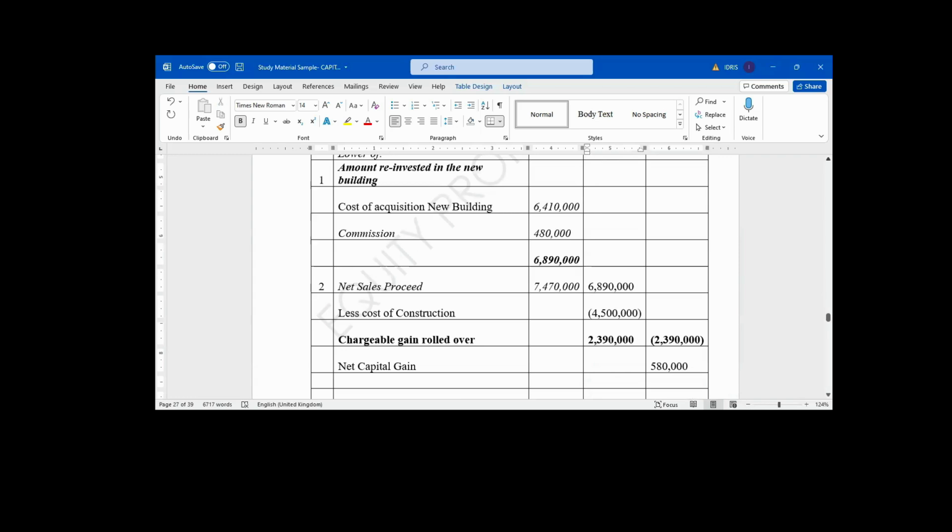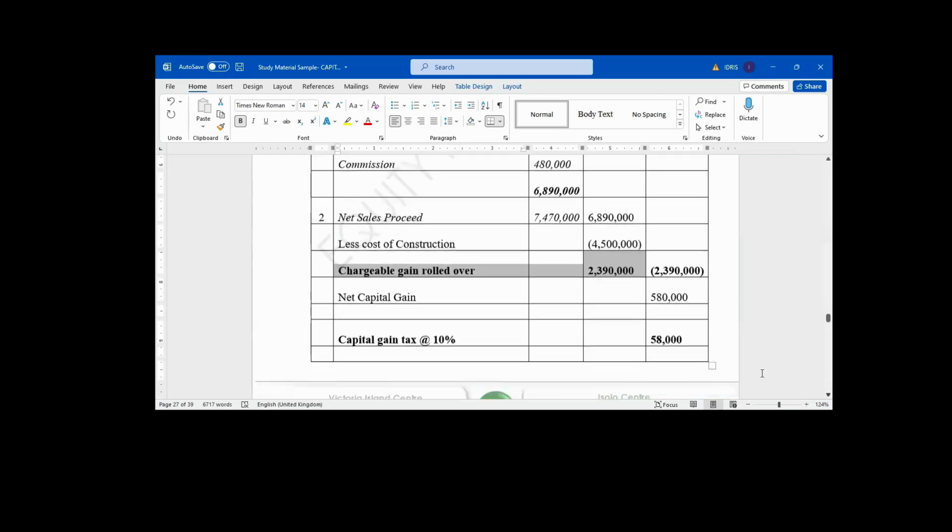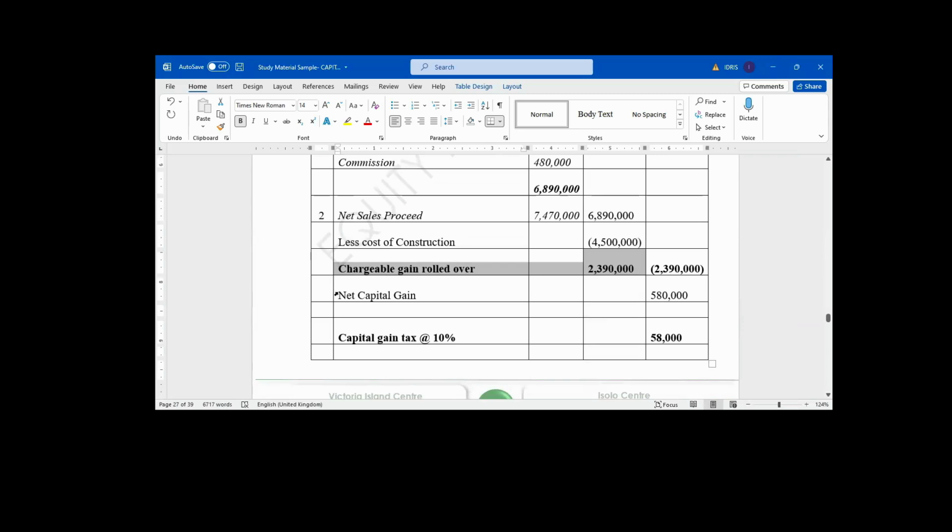Whichever is lower, you take it. You now less the cost of acquisition of the old asset from it, and you get your rollover amount. You less it from your capital gain from the old asset so that you get your net capital gain. So in this question, our net capital gain is 580. We now apply capital gain tax on this 580, which gives us 58.